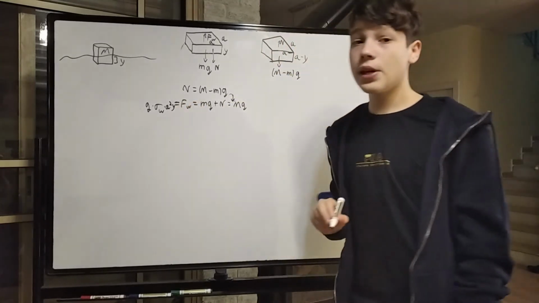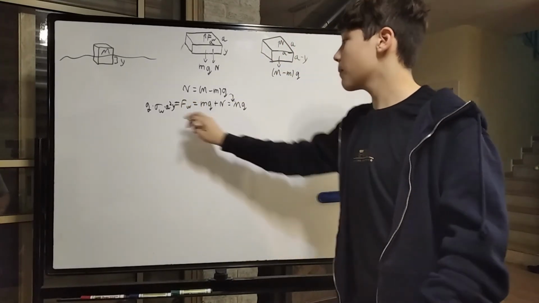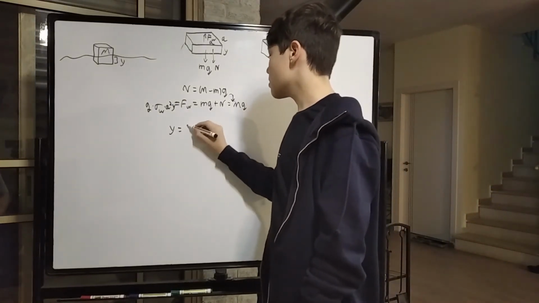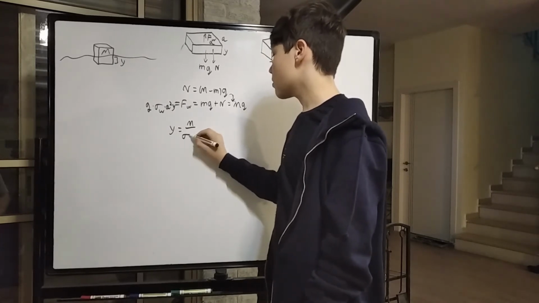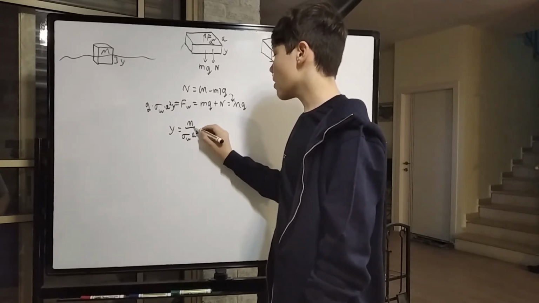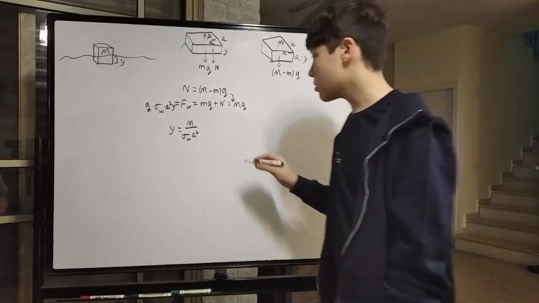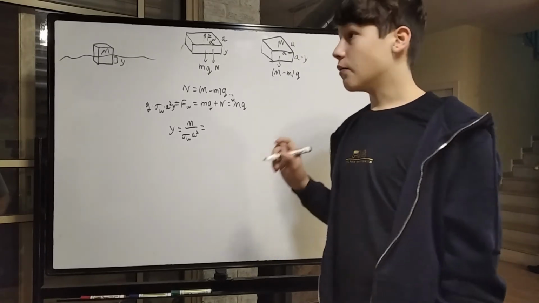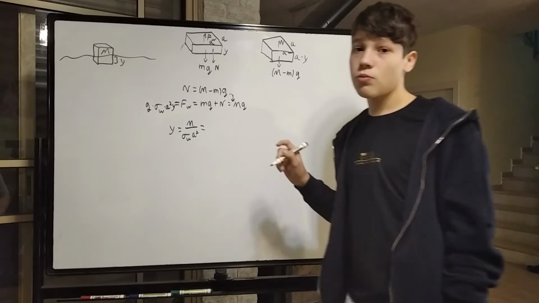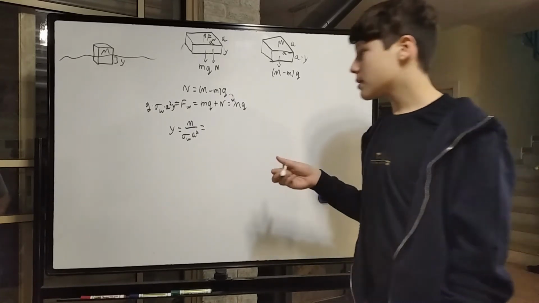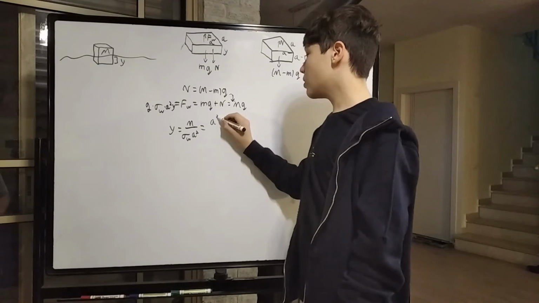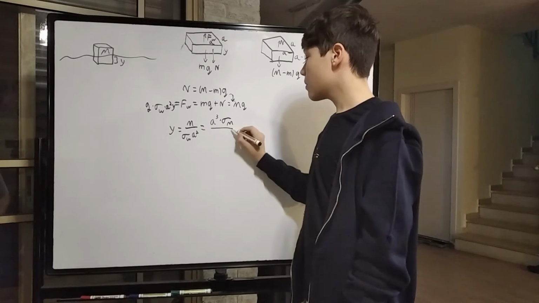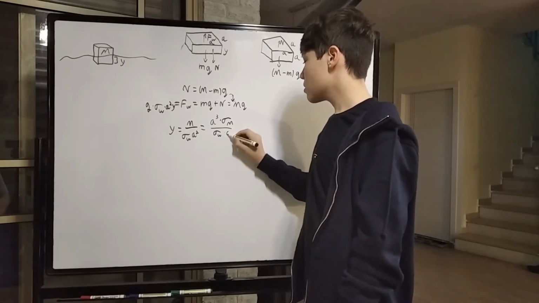And we know these have to be equal, meaning that we just need to solve for y. So we'll divide by this, so we'll get y is equal to M over sigma water a squared. Notice that g cancelled out. And now we can look at M as the volume of our mass, which is a cubed, multiplied by its density. So this is a cubed times sigma m divided by sigma w times a squared.